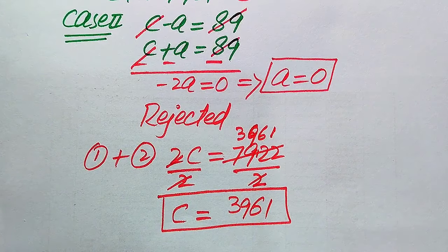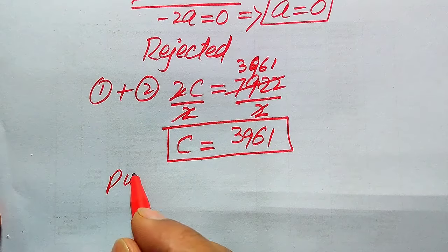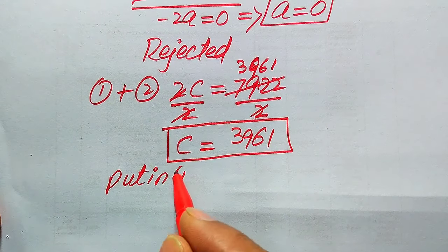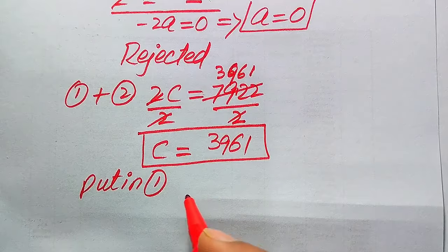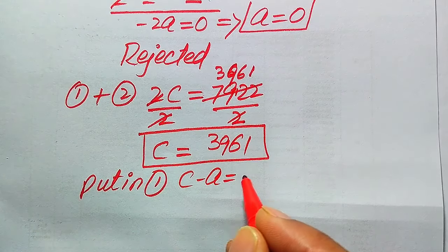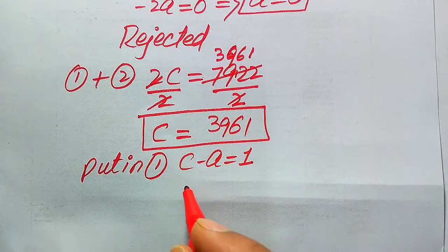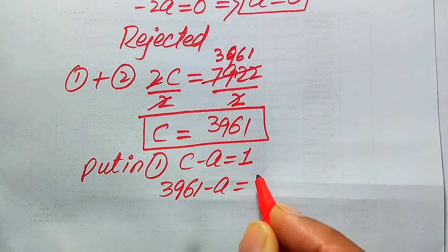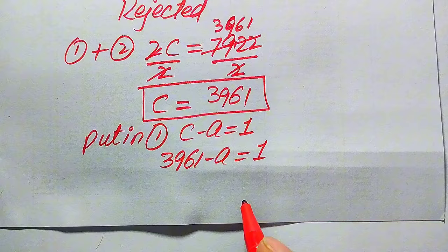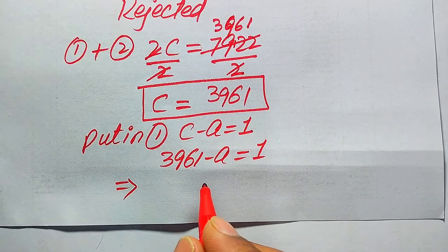And now we need to find the value of A, and for this we use this value in equation number 1. When we put this value of C in equation number 1, it will be written as C minus A equals 1. So it becomes 3,961 minus A equals 1.